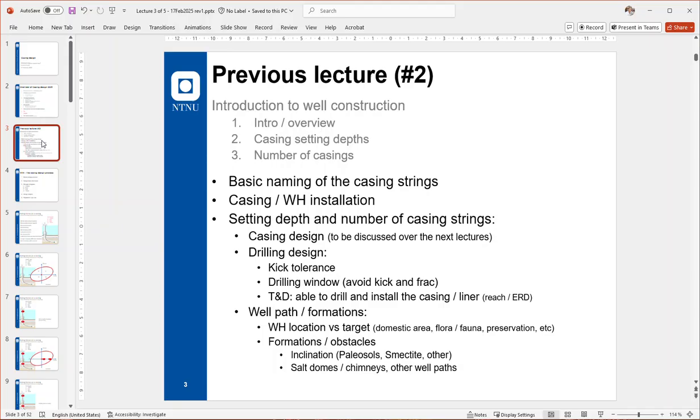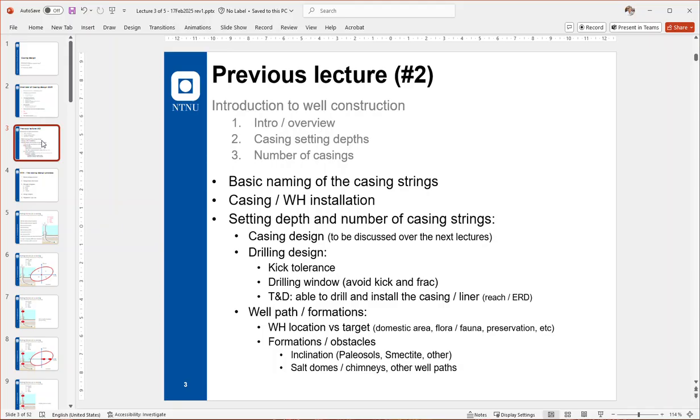If torque and drag is significant in a section, these things are done under the drilling design, not only as a software, but also it's typically what sorts under drilling analysis.